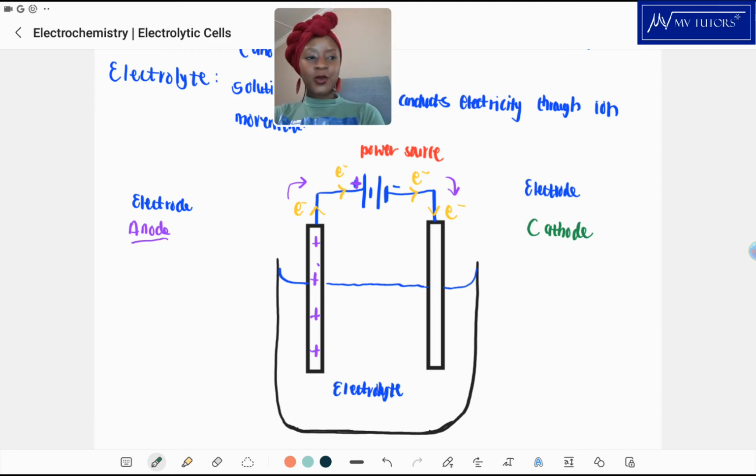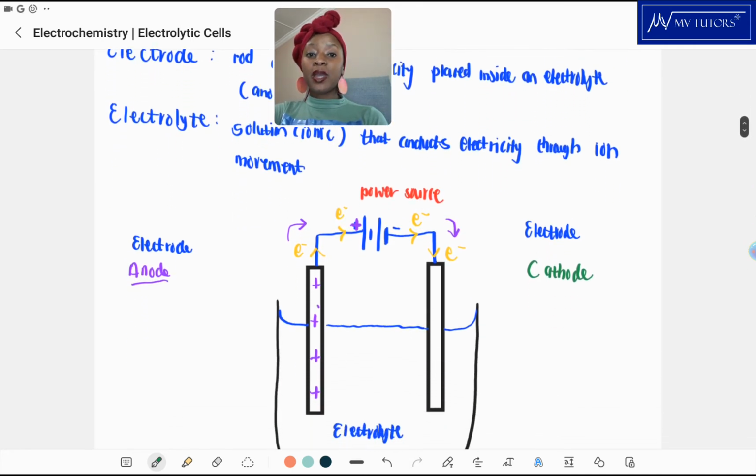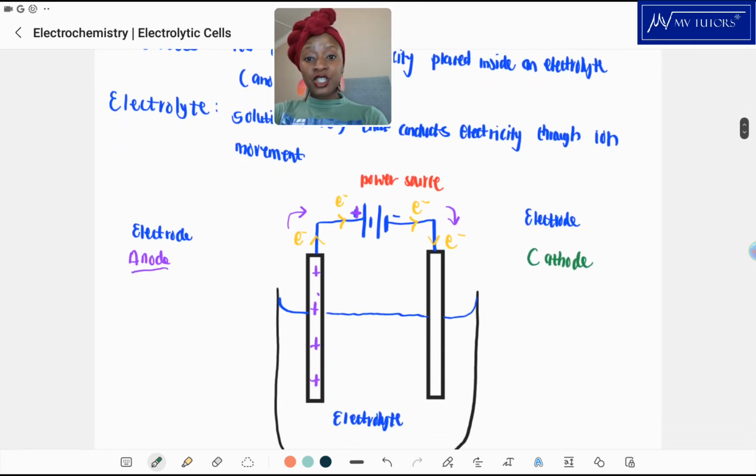So at the cathode, as we have already defined, that's the electrode where reduction occurs. Reduction is the gain of electrons, and you can see the electrons are finding their way to the cathode. Because this electrode is connected to the negative terminal of the battery, its charge will also be negative.